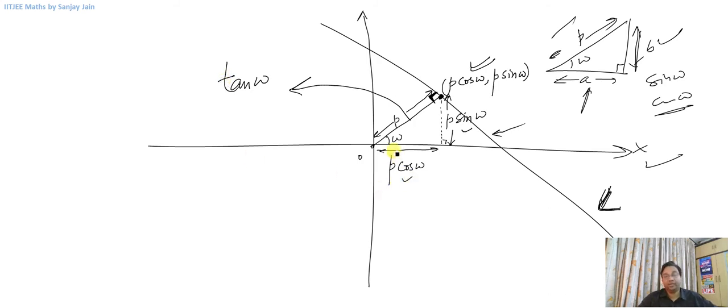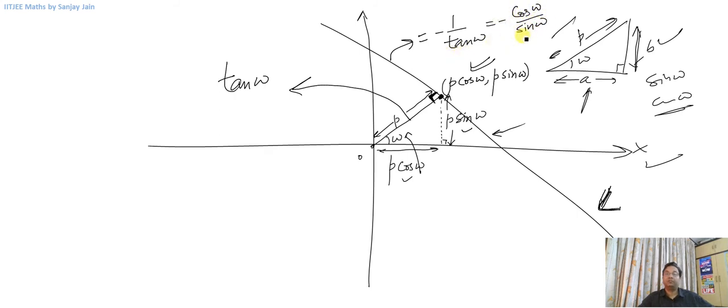Tan of the angle of inclination. Now what will be the slope of this line? This line being perpendicular to it, the slope will be negative reciprocal of it. So slope of this line will be minus 1 by tan omega, right? Or if you want to write it in form of sine and cos, tan omega is sine by cos, so you can write it as minus cos omega by sine omega.